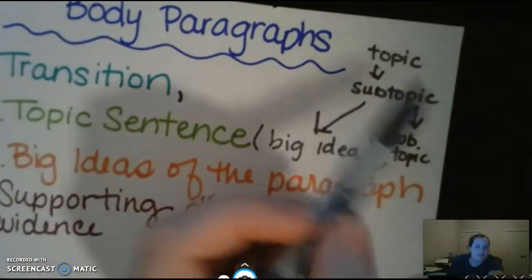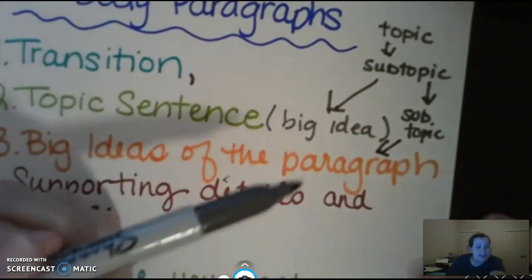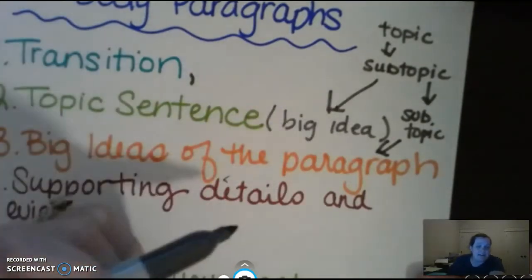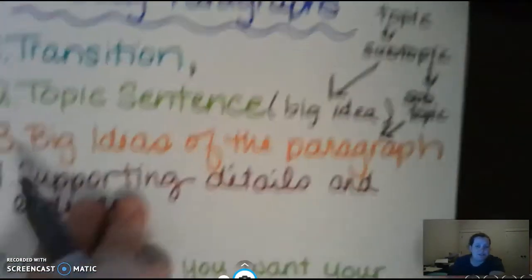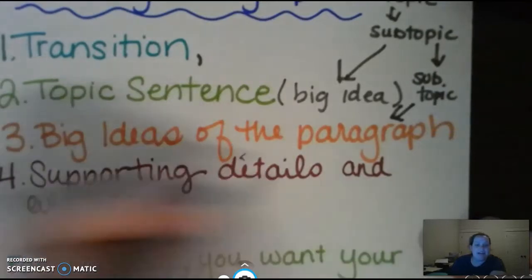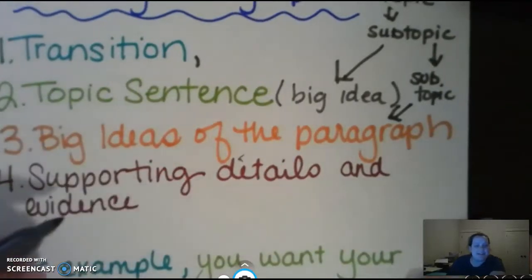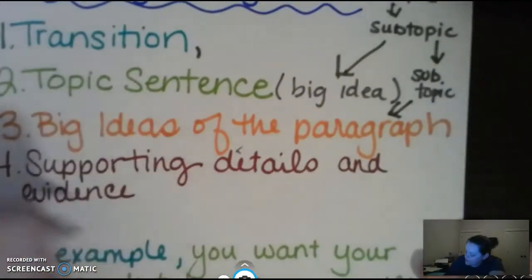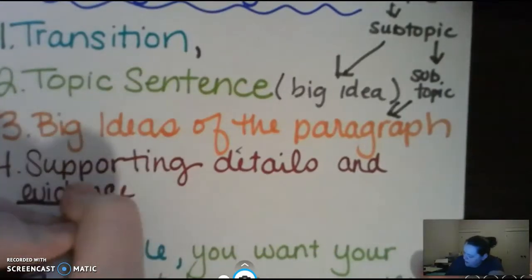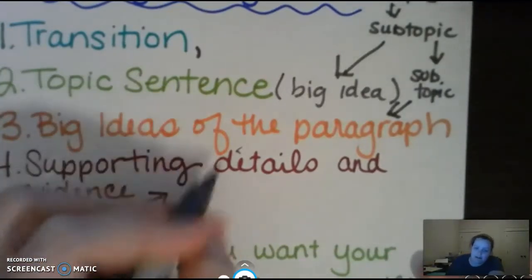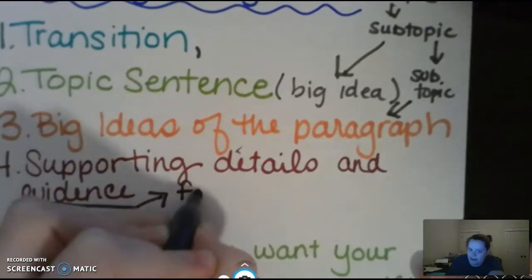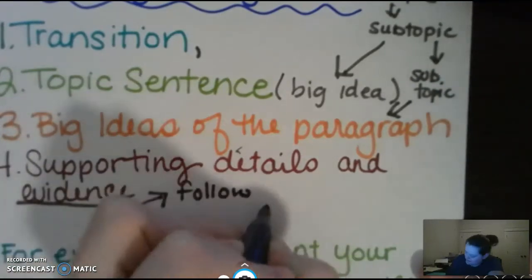So you're just getting more and more specific as you go. That's what the body paragraphs are for, is where you go into extreme detail. So you have your big idea of the paragraph and then supporting details and evidence. If you provide evidence, right, a quote or a fact, you always want to make sure you follow that up with your own words.